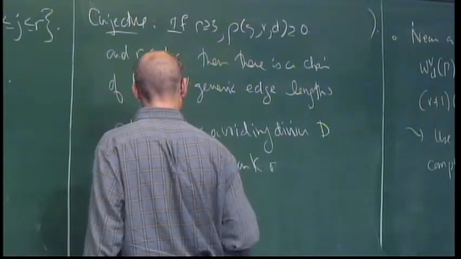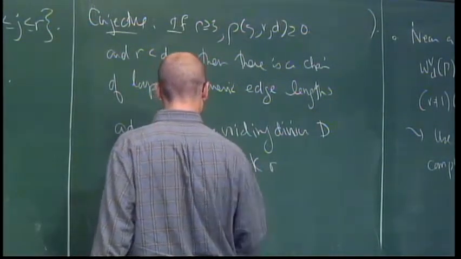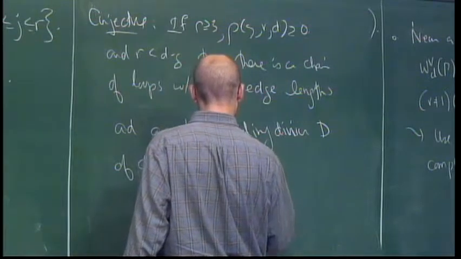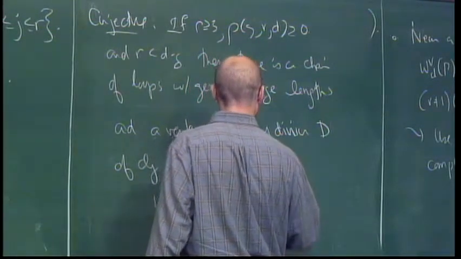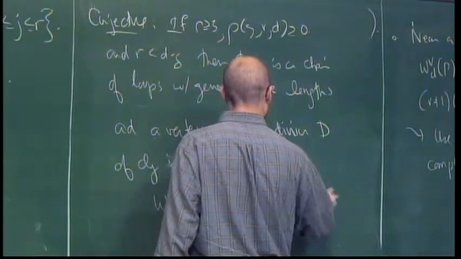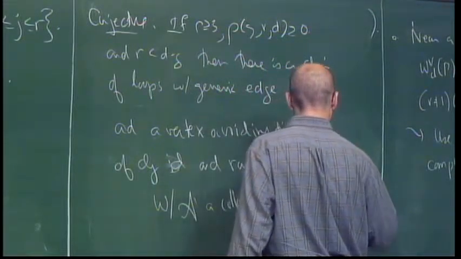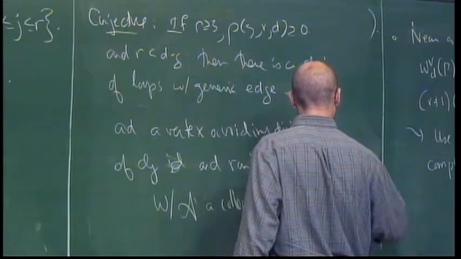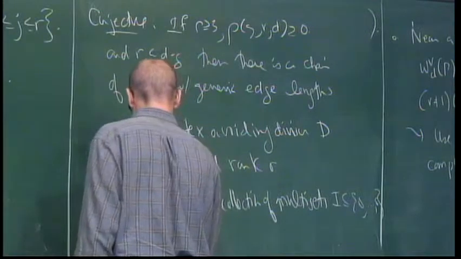with some set A, a collection of multisets I of integers from 0 to r.